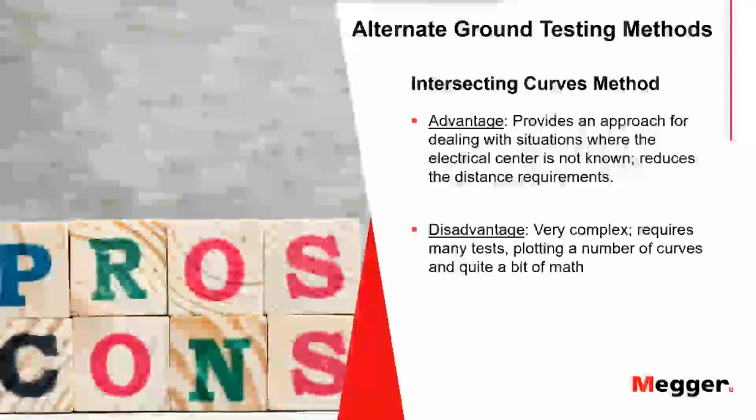So note you're doing this in a fairly tight parameter, and the disadvantage is, of course, that it requires a lot of additional work in mathematics. But the advantage of it is that you can get a reliable measurement where your test environment is just very tight and you don't have a lot of room to work in.